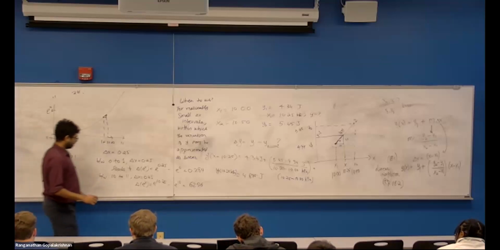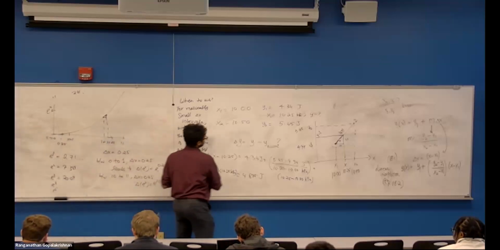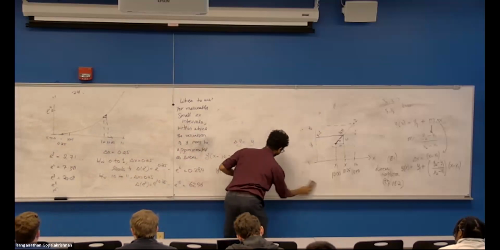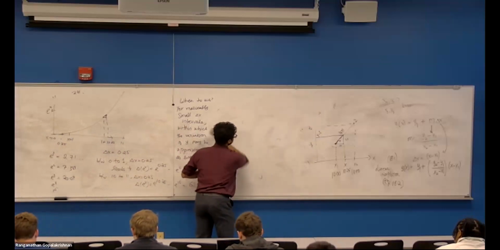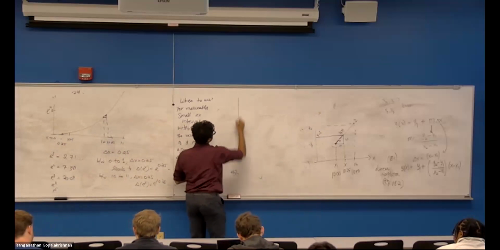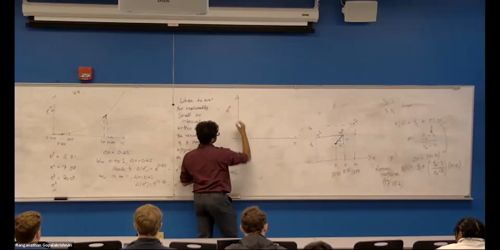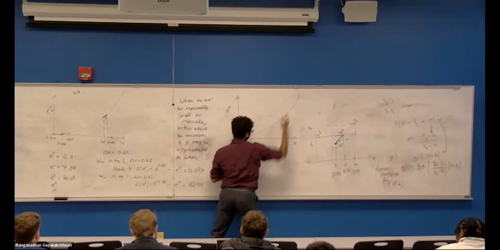Let me rephrase the question. Hopefully, maybe I didn't communicate it clearly. I have x e power x, and I'm going to draw this like this.